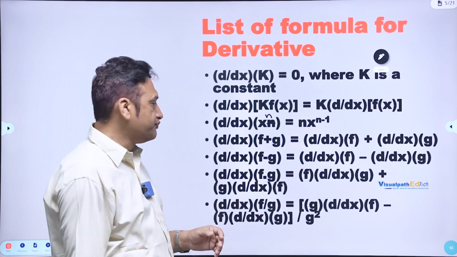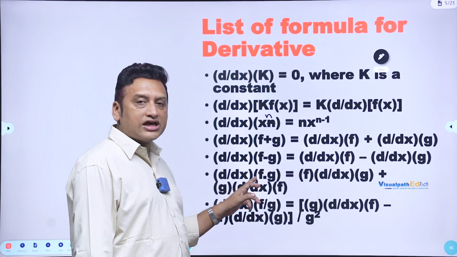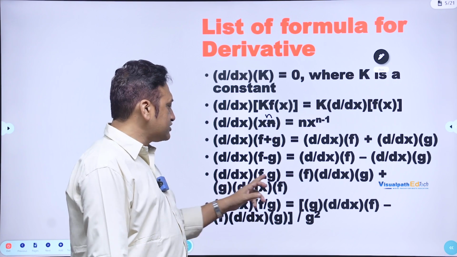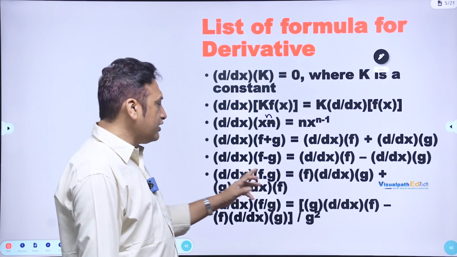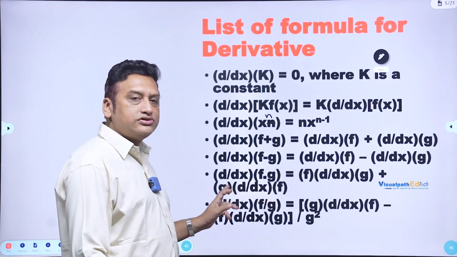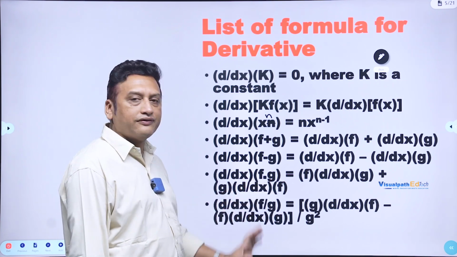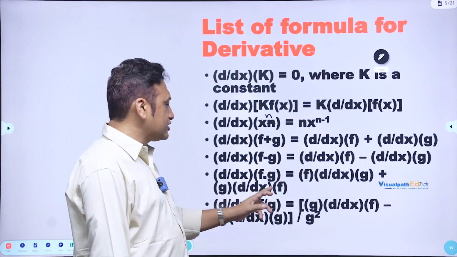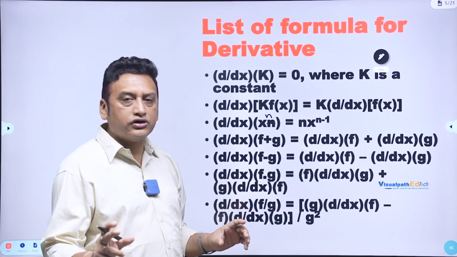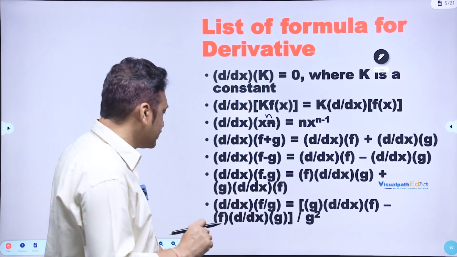So it's like cross. So first function means f into derivative of the second, d/dx of g, then plus sign. Again, second function, which is g, into derivative of the first, which is d/dx of f. So f into d/dx of g plus g into d/dx of f. That's the rule for the derivative of product of 2 functions.